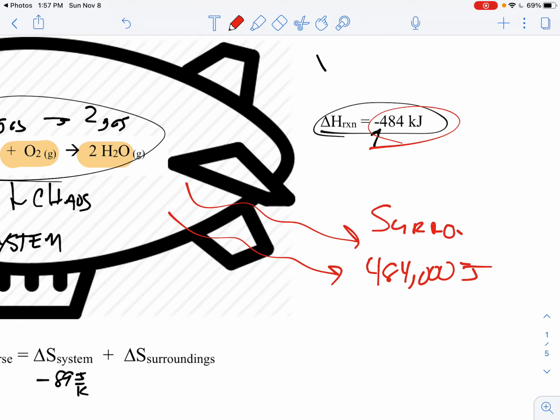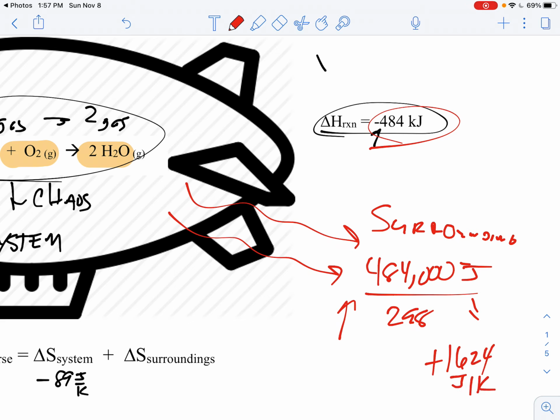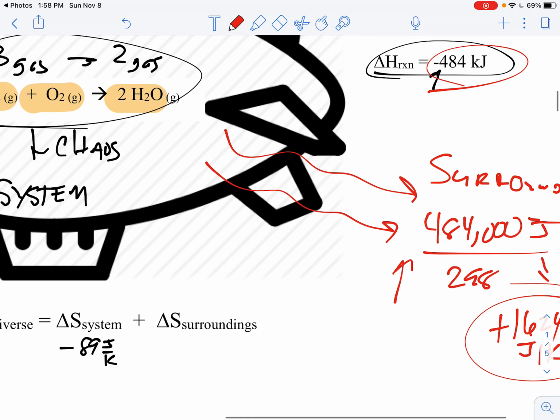So it turns out that the surroundings increased by a whole bunch of energy. Assuming this took place at normal temperature, which would be 298 Kelvin, the surroundings absorbed 484,000 joules at 298 Kelvin. That's positive 1,624 joules per Kelvin.